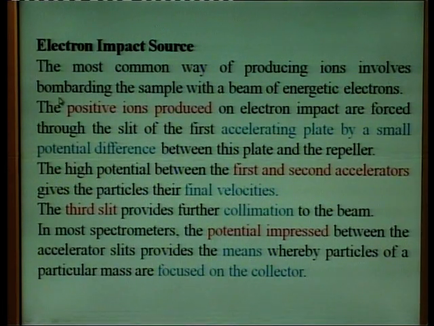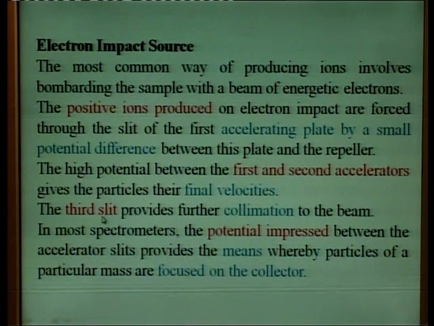Now, various methods of ion formation. The most common is the electron impact source. How are the positive ions produced? They are produced by electron impact, and they are first accelerated by a small potential difference between the plate and the repeller, and a high potential difference between the first and second accelerators gives the particles their final velocities.